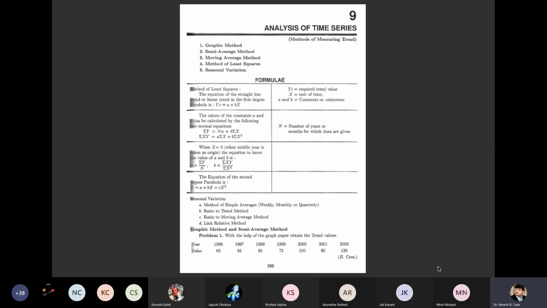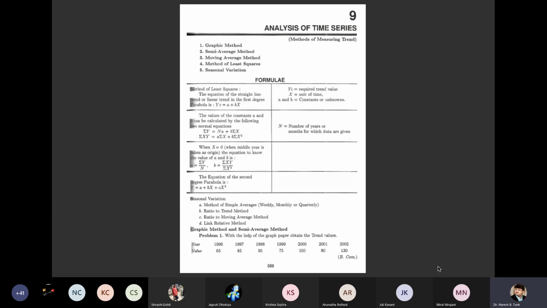With the help of graph paper, obtain the trend values. Naturally, this example shows that with the help of graph paper, a graphical method is to be used.